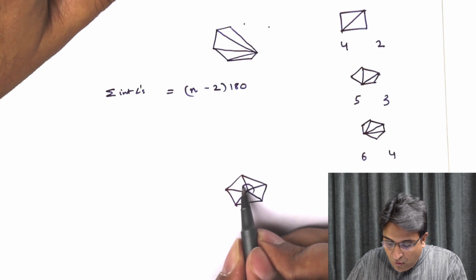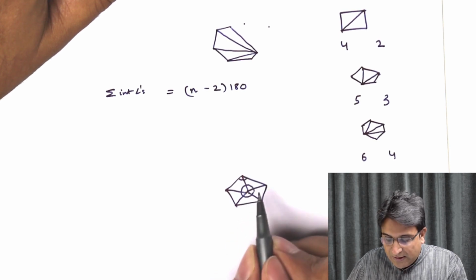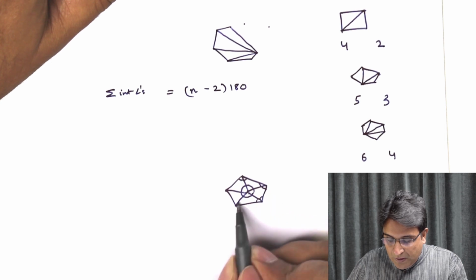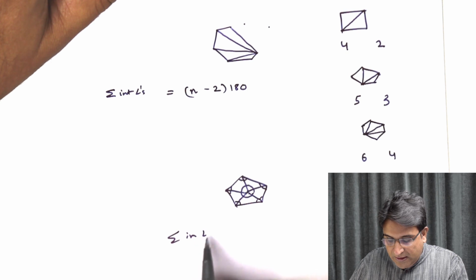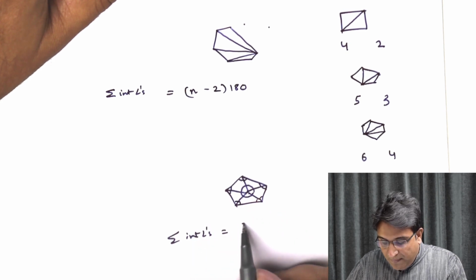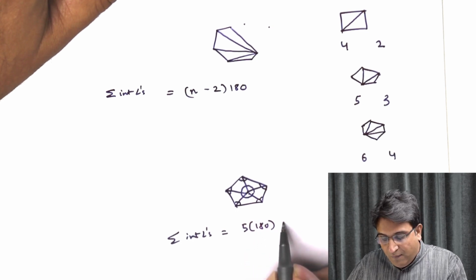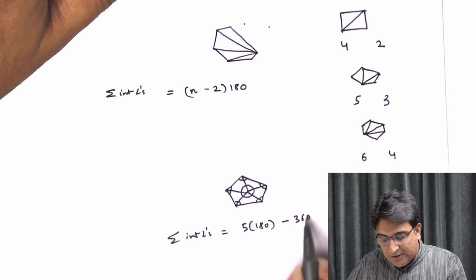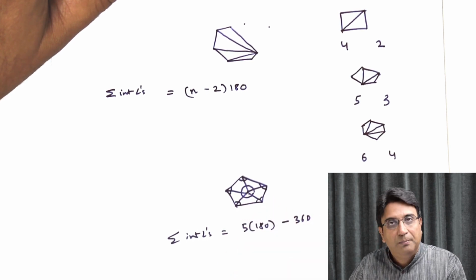Now if you leave all these angles at the center, then all the remaining angles become nothing but the sum of interior angles. Is it not? So now, how many triangles do we have here? 5. What is the sum of all the angles? 5 into 180. From that, we are removing how much? 360. So that will give you the sum of all the angles in a pentagon.